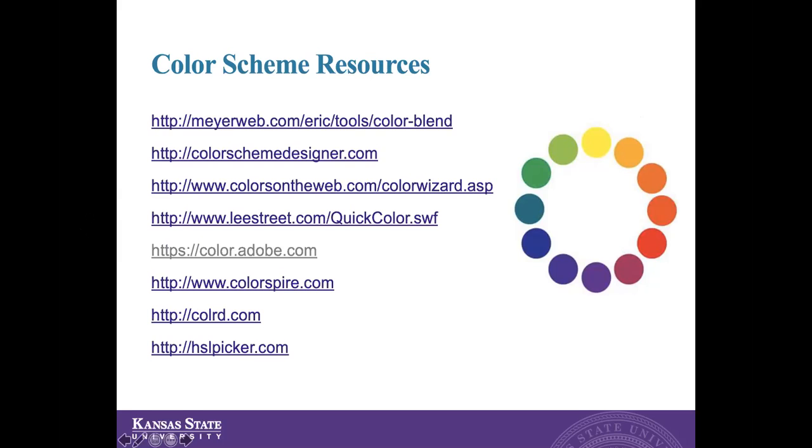So if I do, let's just do a triad. You can move these wheels around, right? Remember with triad, we're getting 3 colors that are equal distance. And then you can do different tints and shades by moving those around.